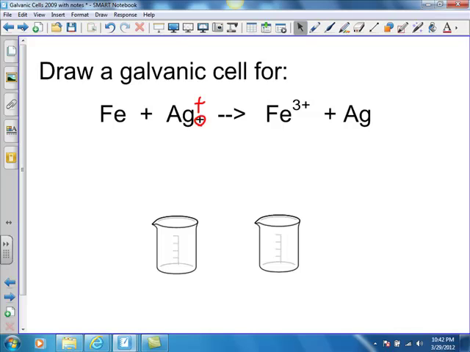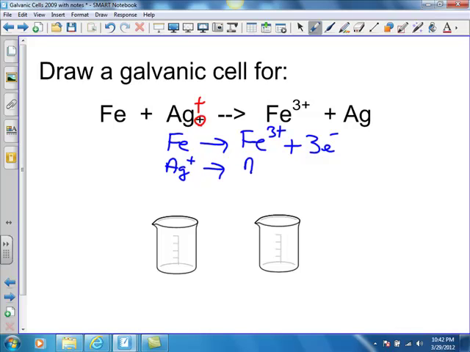So if I'm going to identify what my half reactions are, I'm going to have Fe goes to Fe3+. And how did it do that? Well, it had to give up 3 electrons, right? And then the Ag+ went to Ag, and it had to do that by gaining 1 electron.